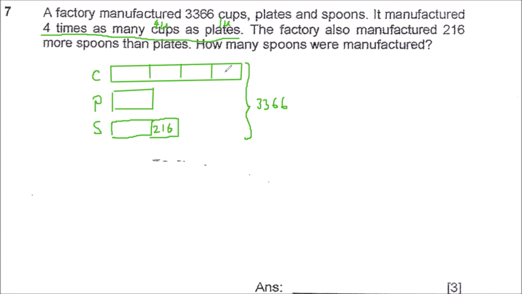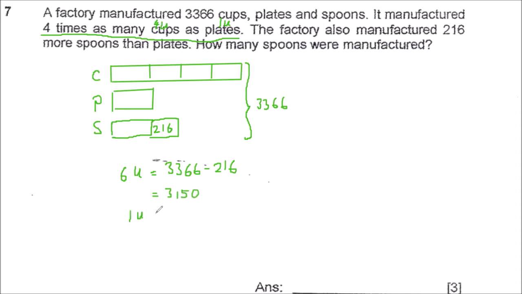Now we can do. So 1, 2, 3, 4, 5, 6, right? So 6 units equals to 3366 minus 216. That will give us 3150.